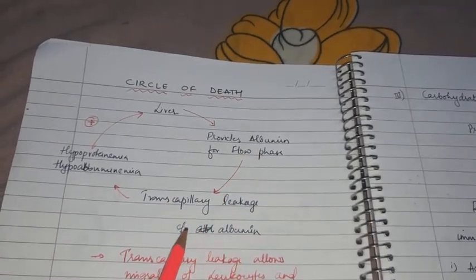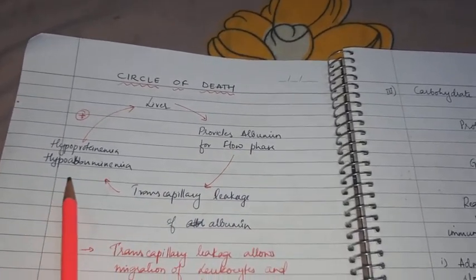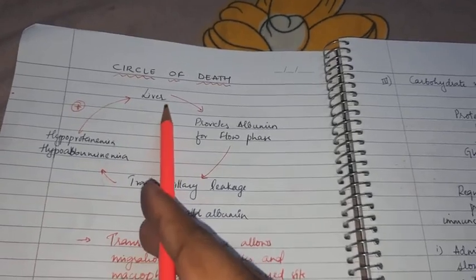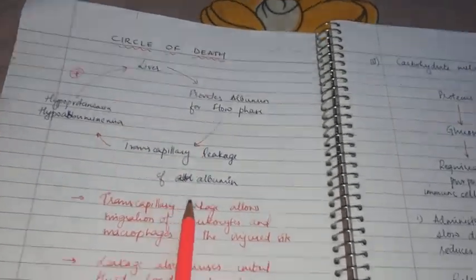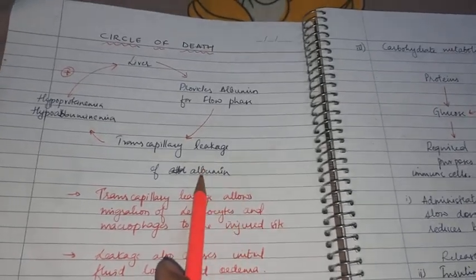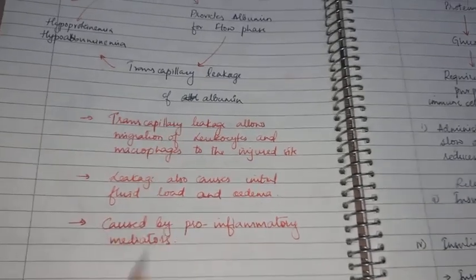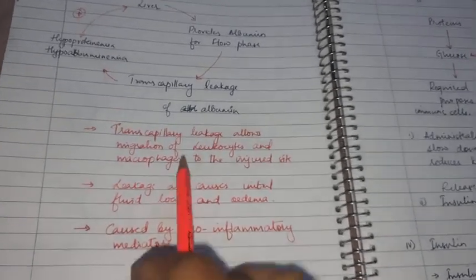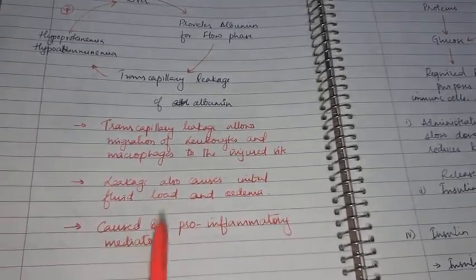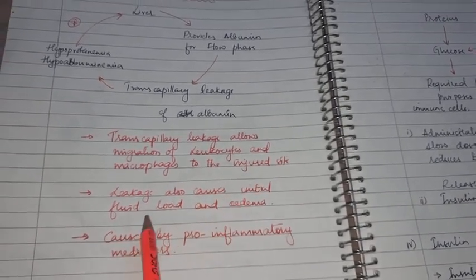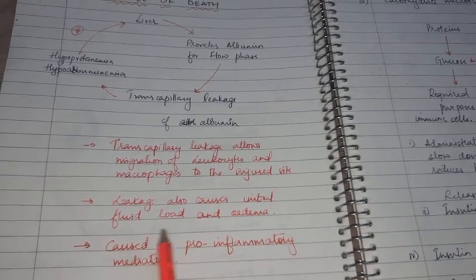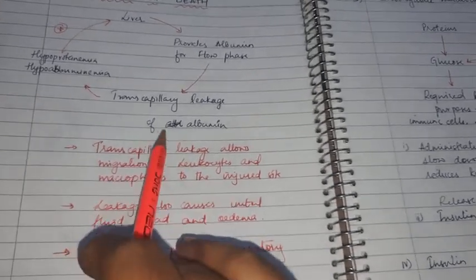The albumin is getting lost, and there is again hypoalbuminemia, which is again triggering the liver, which is increasing the stress on the liver. Here we are also losing albumin because of increased or prolonged inflammation. Because of the transcapillary leakage due to pro-inflammatory mediators, it allows the migration of leukocytes and macrophages to the injured site, and leakage causes initial fluid load and edema.